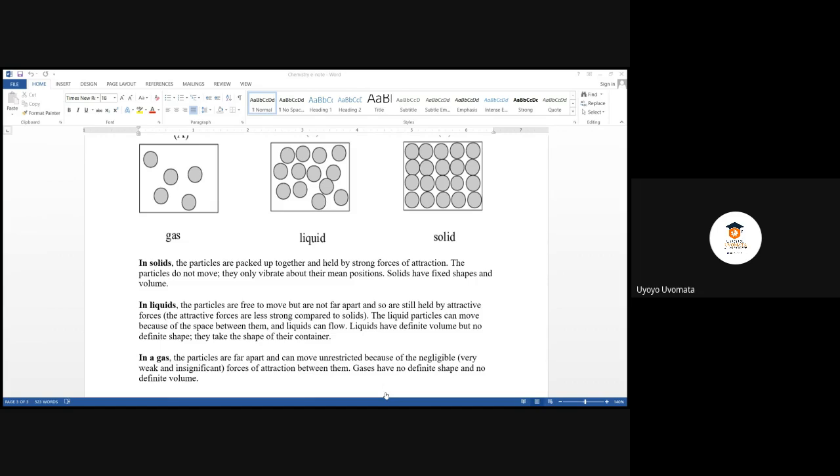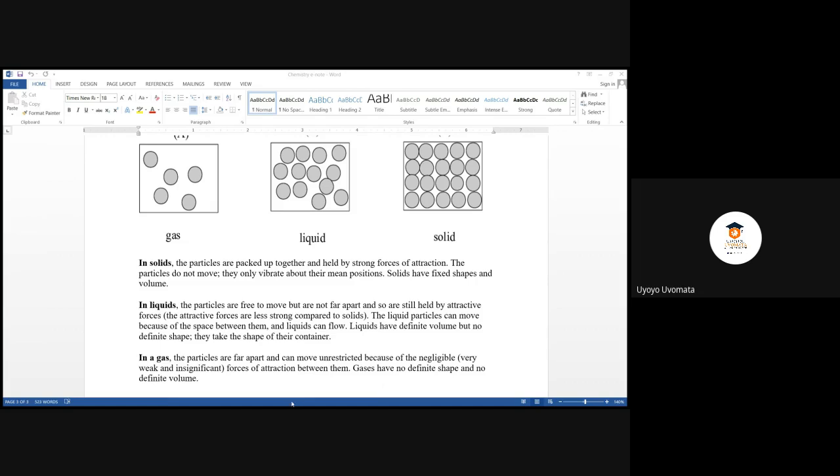If the container is in the form of a cone, the liquid will take the shape of a cone. If the container is in the form of a rectangle, the liquid will take the form of a rectangle. Don't forget, the particles are free to move, but not very far. Why? Because they are also held by some forces of attraction.